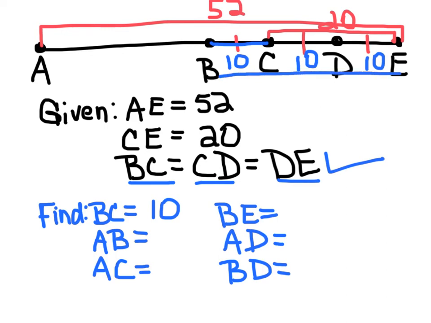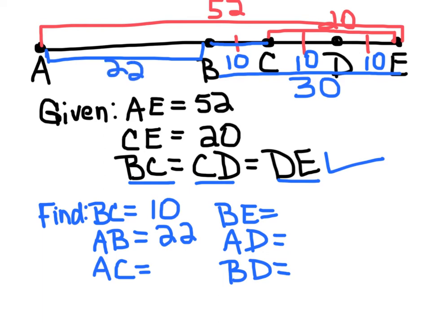Yes, we know that whole distance is 30. If the distance from B to E is 30 and the distance from A to E is 52, then from A to B we have 30 plus some number equaling 52. So 52 minus 30 has to be 22.